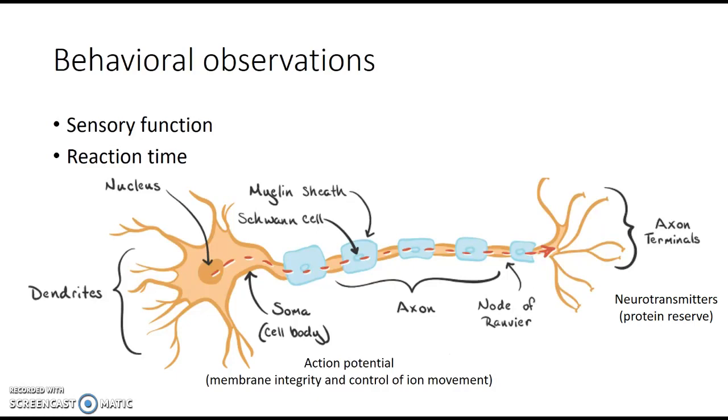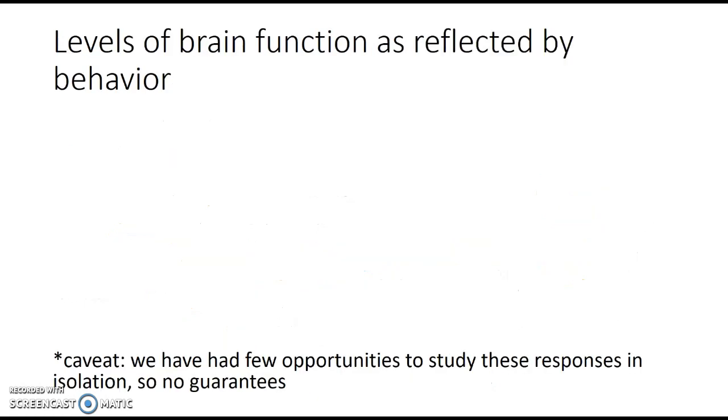We're also going to need neurotransmitters, which are primarily related to our protein reserve. So especially if the undead aren't able to eat and digest, then they would not have a good supply of neurotransmitters. And then we're going to consider some levels of brain function as they would be reflected by behavior.